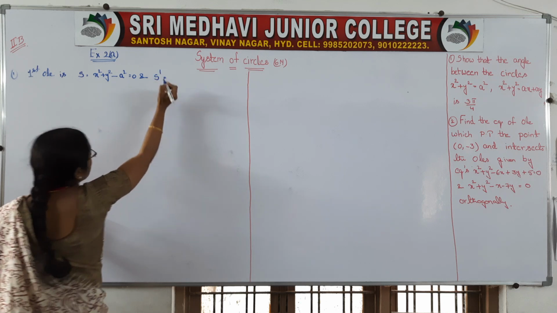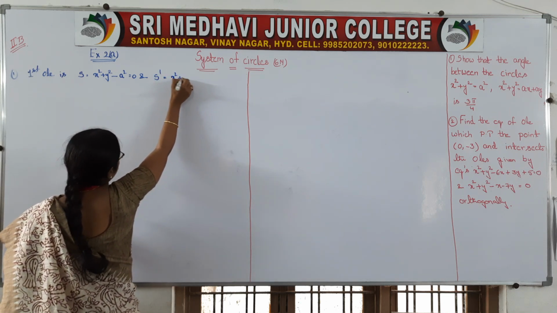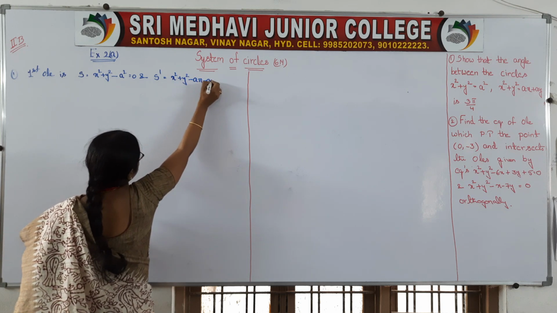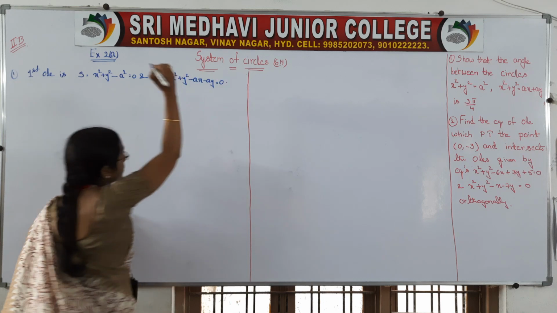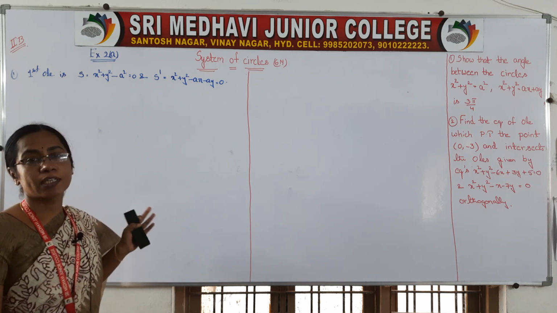And S dash is x square plus y square minus ax minus ay is equal to 0, the second circle. So we have to find the angle between these two circles.